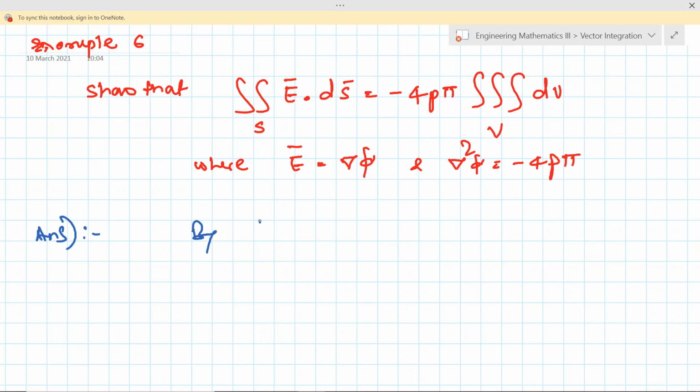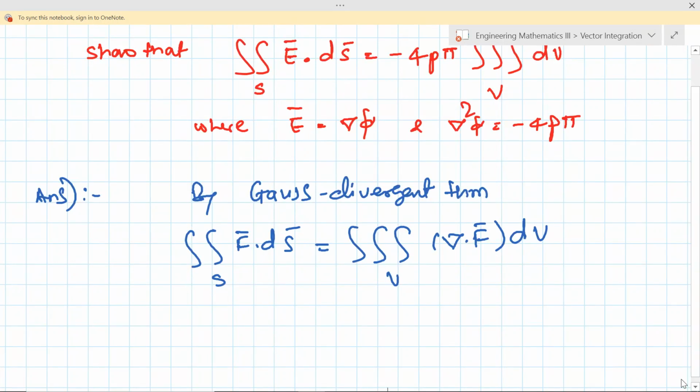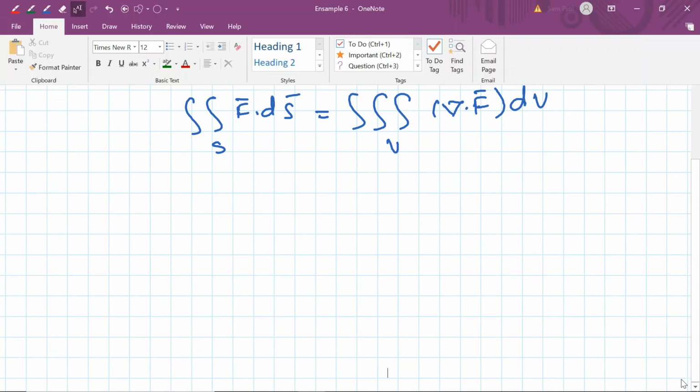So by the Gauss divergence theorem, the surface integration of f bar dot ds bar over s is the volume integral of del dot f bar dv over v. This is my divergence theorem. And now what is my f bar here? F bar is nothing but E bar.